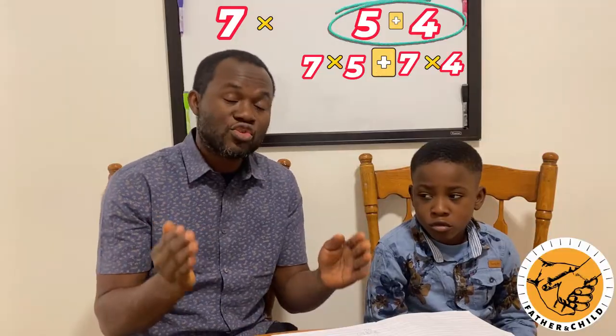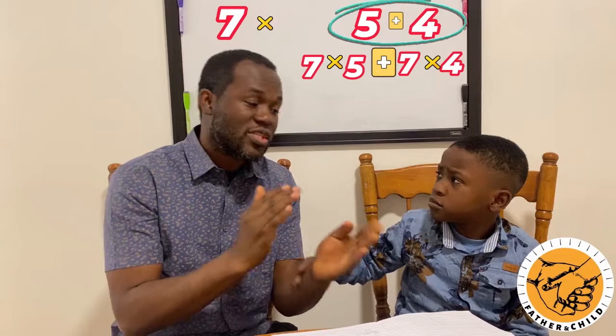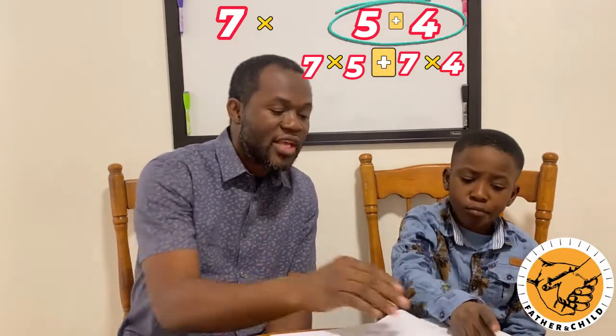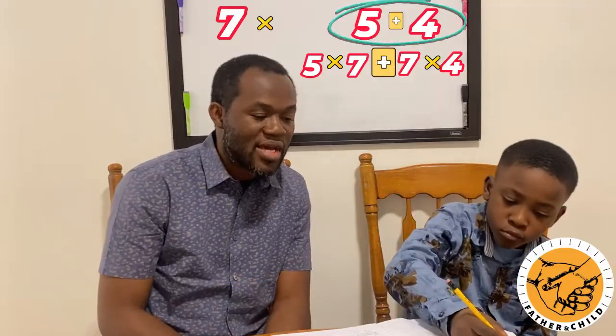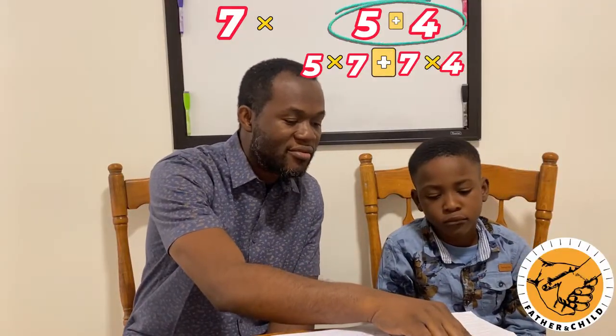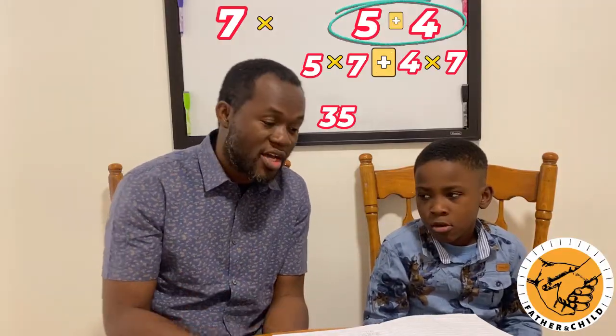Remember, in your multiplication, you can switch the numbers. You still have the same answer. So 7 multiplied by 5 is the same as 5 multiplied by 7. What's the answer to 7 multiplied by 5? 35.